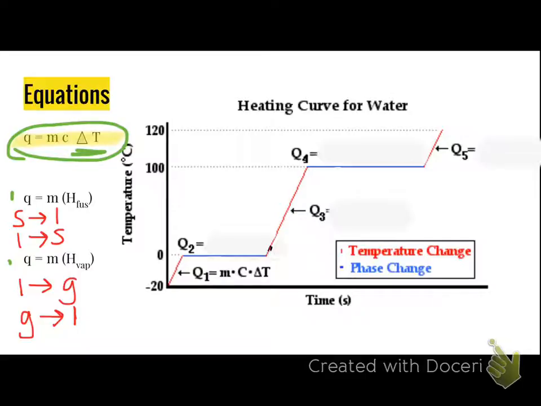And knowing how to read this graph, we know we're going from a solid to a liquid, which means we're going to use our heat of fusion. Number 3, we have a temperature change, so we're using mc delta T. 4, we have no temperature change, so it's heat of fusion or heat of vaporization. We've already used the heat of fusion, so we're going to be using the heat of vaporization. And then in the 5th step here, we have a temperature change, so we're using mc delta T.